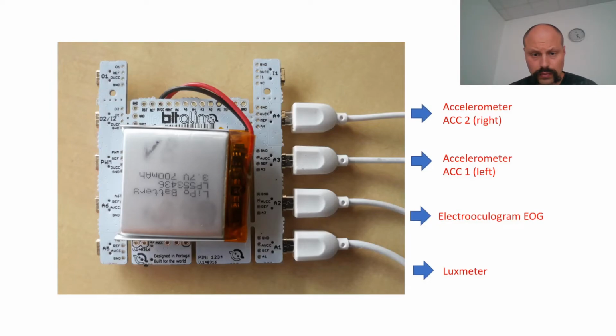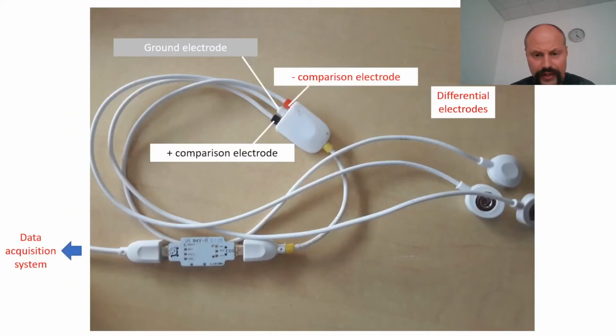Each amplifier is connected to the data acquisition system with a cable, which is pretty long, about a meter. And this is how it is connected on one side. And on the other side, for electrooculogram, this is the amplifier itself.